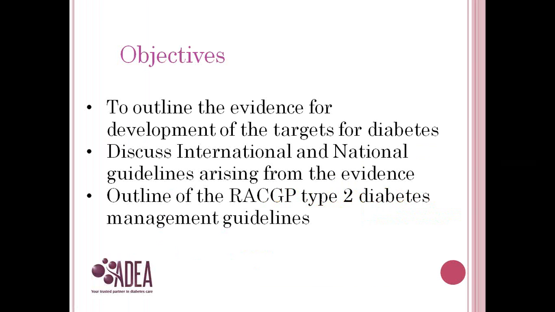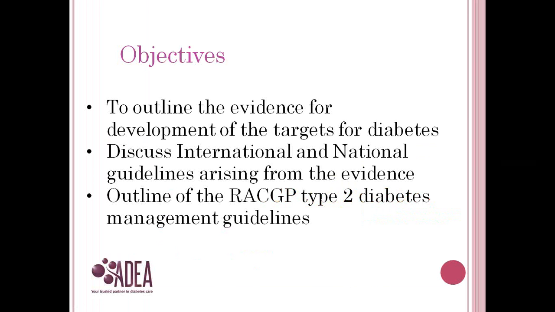So the objectives of tonight are to encourage questions and attempt to answer those. As a bridging statement, we're trying to give an evidence of the evidence around the development of some of the targets embedded in these diabetes guidelines, discuss some of the international and national guidelines arising from the evidence, but then also show how they've been synthesized into the RACGP type 2 diabetes management guidelines.